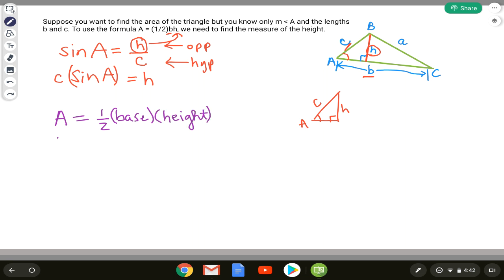So in this case, the height, we're going to use our C times sine A, but we're using the length B from here as our base length. So 1/2 B times the height, which we're calling C times sine of A.